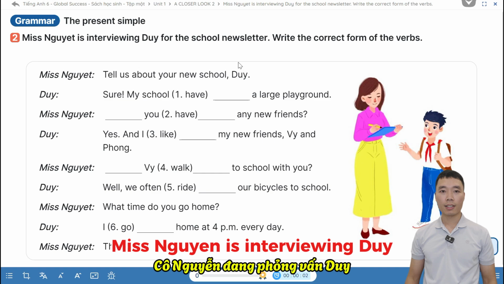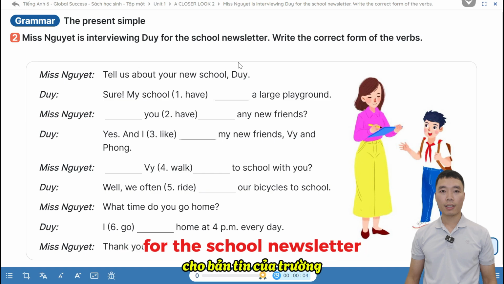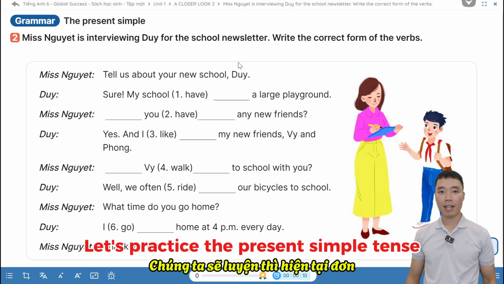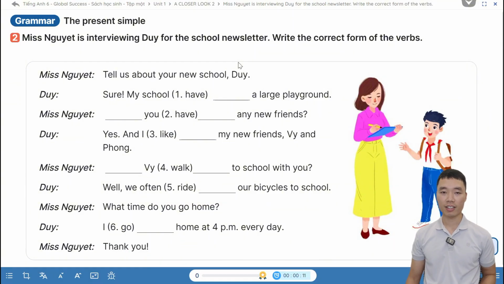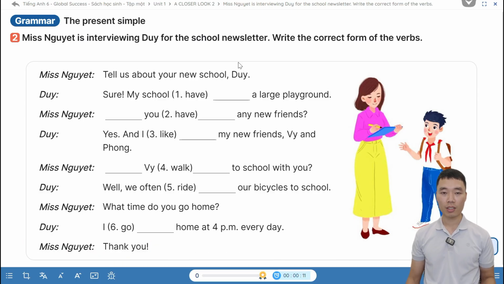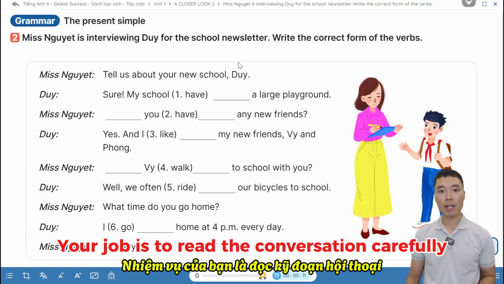2. Miss Nguyet is interviewing Zui for the school newsletter. Write the correct form of the verbs. Let's practice the present simple tense in a real conversation. In this activity, Miss Nguyet is interviewing Zui about his new school. Your job is to read the conversation carefully.